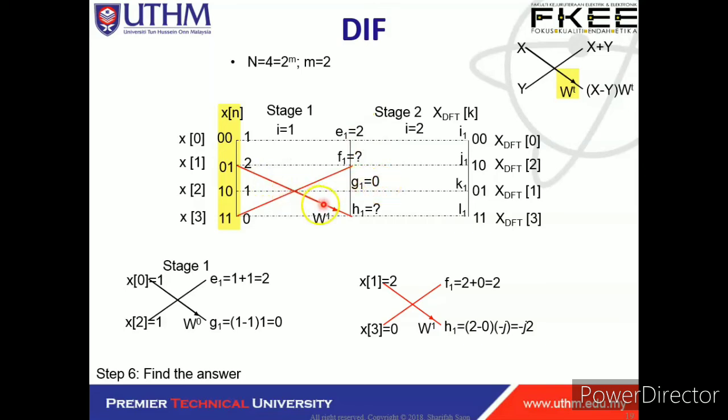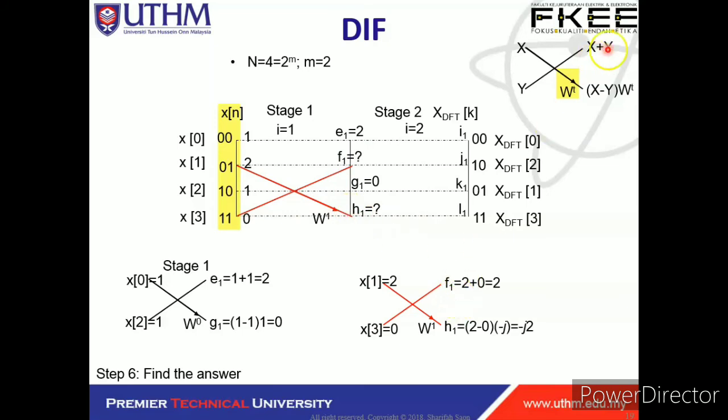Next we need to calculate the value of F1 and H1 from the second butterfly. First we put the first point, x1 equals to 2, and the second point x3 equals to 0, and then we can calculate F1 and H1.